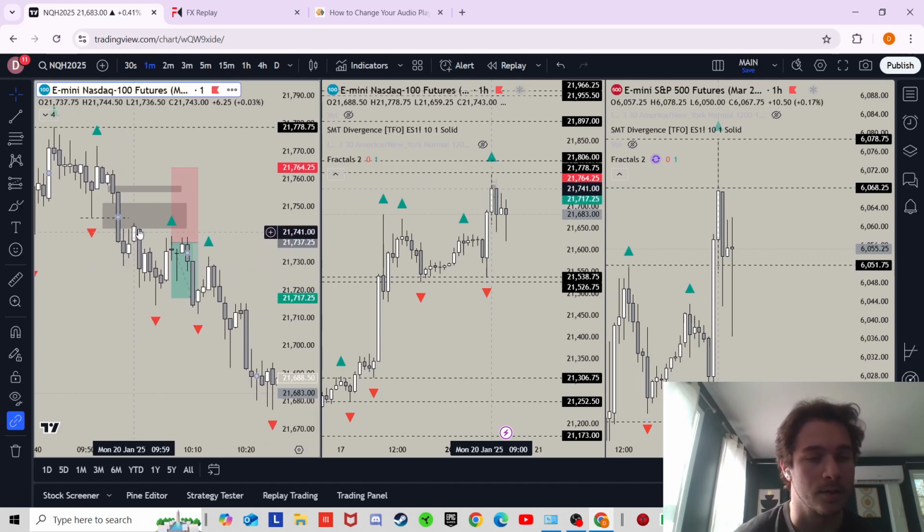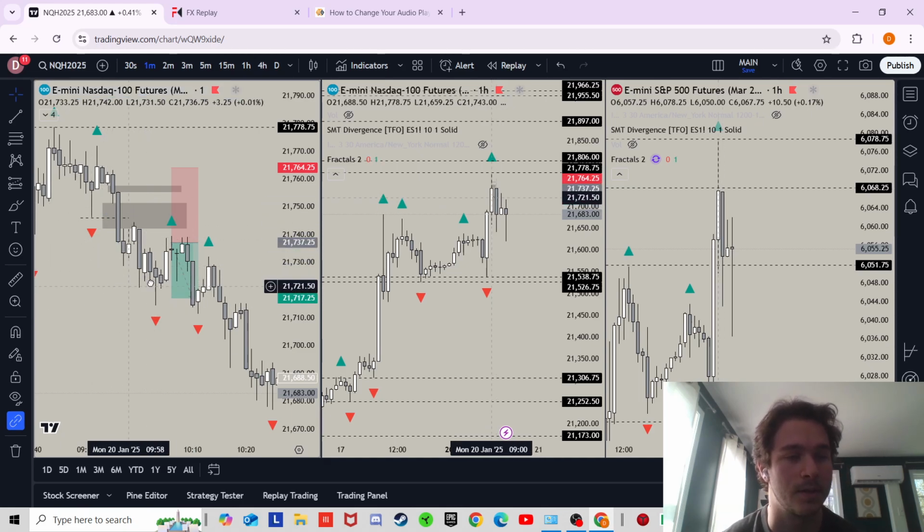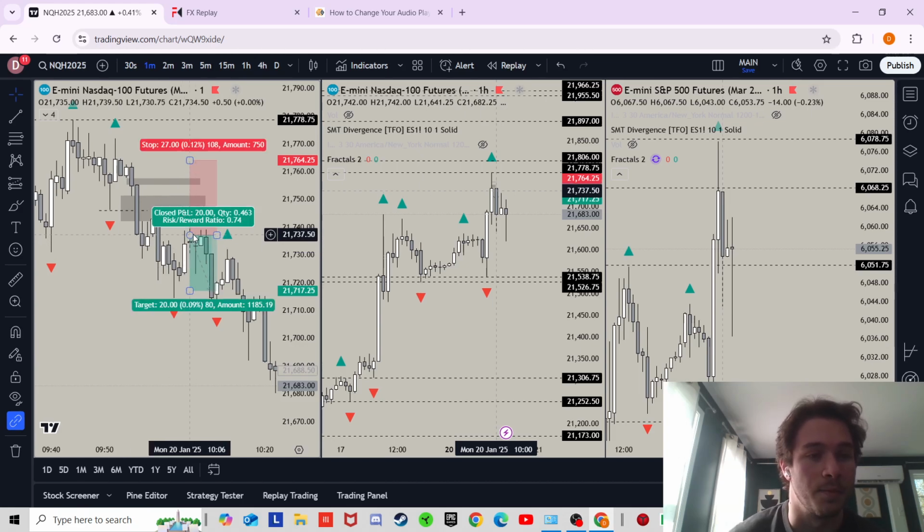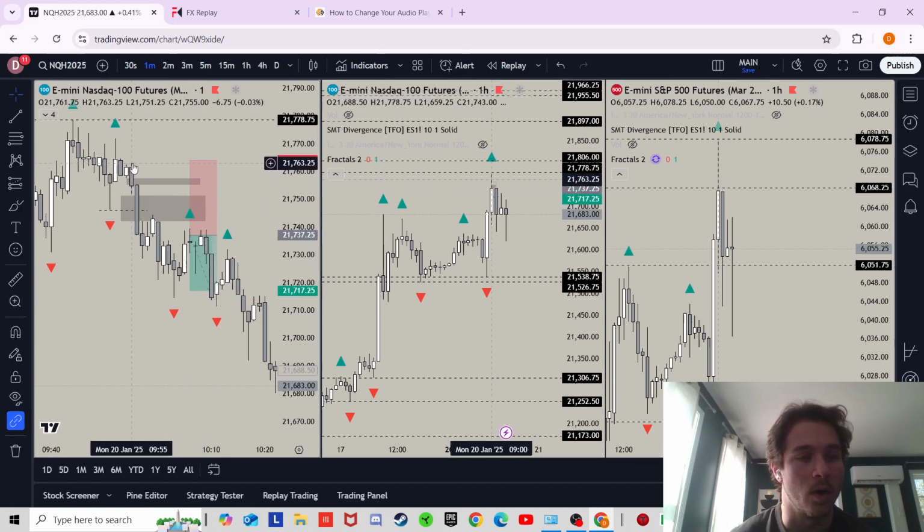Then I look for it to trade in the gap, trade in, and then the candle has to close down out of it, and the opposite if it's going the other way. The maximum stop loss would be 27, and I put it one tick above the last candle.